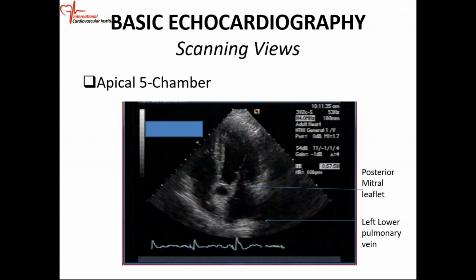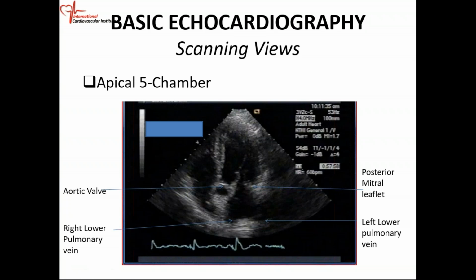You have 2 on the right side, 2 on the left side, 1 upper and 1 lower. So this would be your left. We say lower, this is actually upper. So this would be a left upper and the right upper is right there. So these are mislabeled. So this is your left upper and right upper, not lower. These are pulmonary veins that drain into the left atrium.